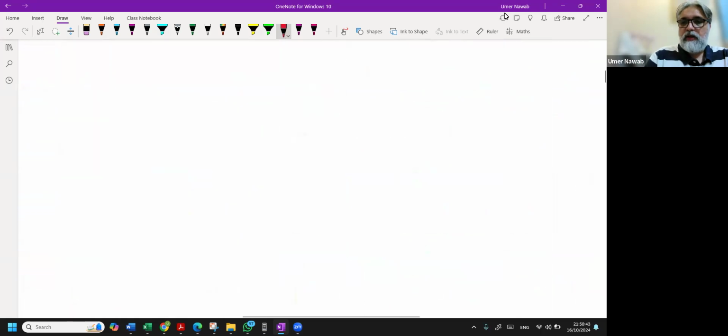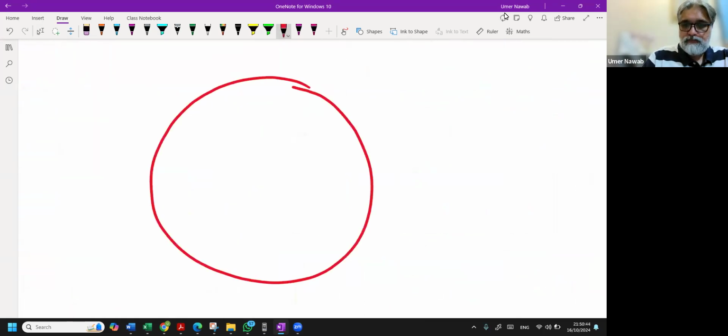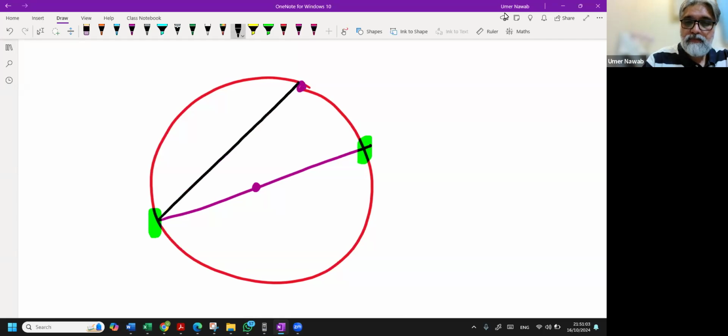Let me explain. I have a circle and I have a diameter. It means this chord is passing through the center. Now, if I join the endpoints anywhere on the circumference, this angle is always 90 degrees.